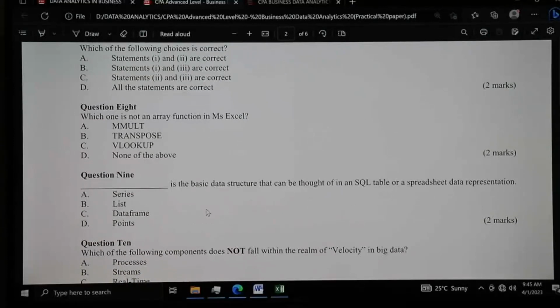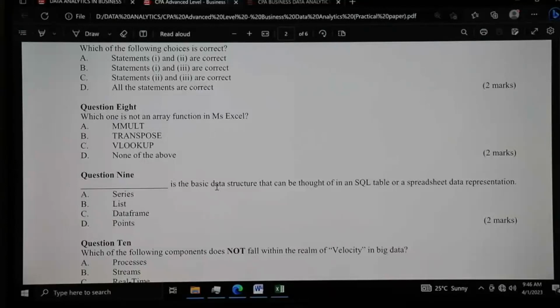So which of these is the basic data structure that can be thought of, meaning that can be used or applied to SQL tables or to a spreadsheet data representation? A series, a list, a data frame, a point.